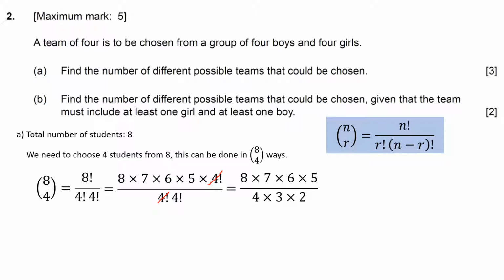Again, we can cancel 4 times 2, which is 8, with 8, and then we are left with 7 times 6 times 5 over 3. 6 and 3 both can be divided by 3, and then the calculation that we need to do at the end is relatively simple. It's important that we try to do calculations like this to save time, right? So the answer for letter A is 70.